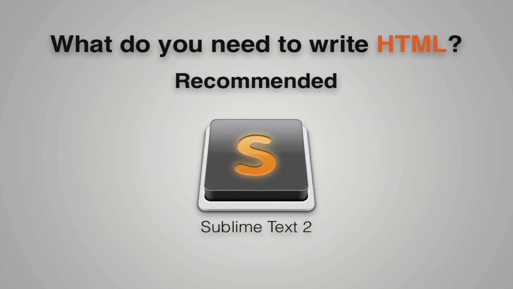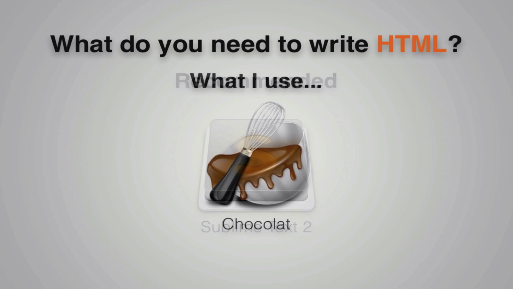And the great thing about Sublime Text too, and Chocolat, is that you can either use them as plain text editors, as in you can just type in things and save them as rich text files, or you can change to programming languages. And there's a huge variety available, such as ActionScript, AppleScript, C, Java, C++, PHP, JavaScript.